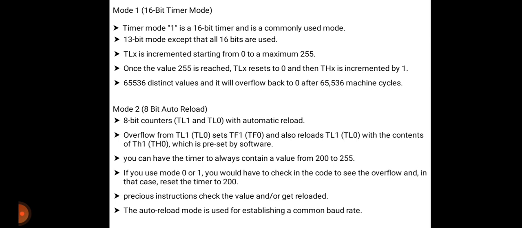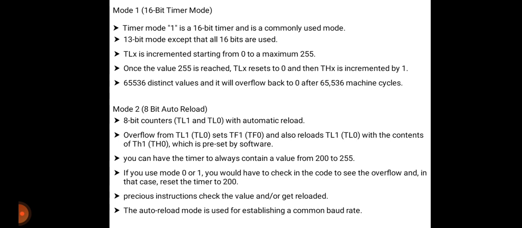What does this mean? The benefit of auto reload mode is that you can have the timer always contain a value from, say, 200 to 255. If you are using mode 0 or 1, you have to check the code to see the overflow, and only then reset the timer to 200.